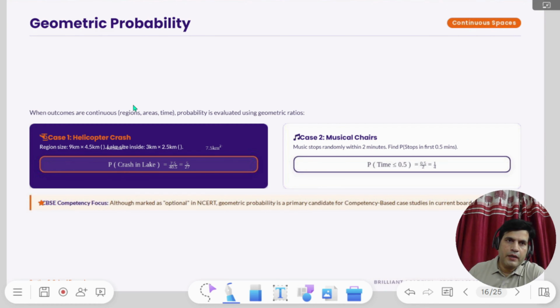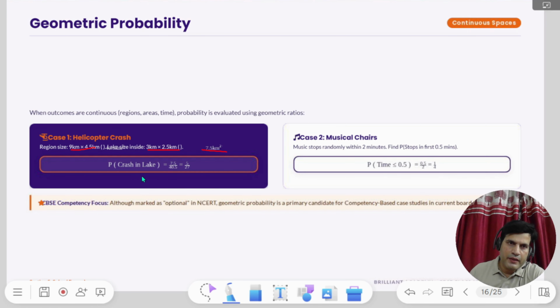Geometric probability: when an outcome is a continuous region like area or time, probability is evaluated using geometric ratios. Like one region is 9 into 4.5 kilometers, and the left side indicates 3 into 2.5 kilometers. So that is 7.5 square kilometers, which will be the area.